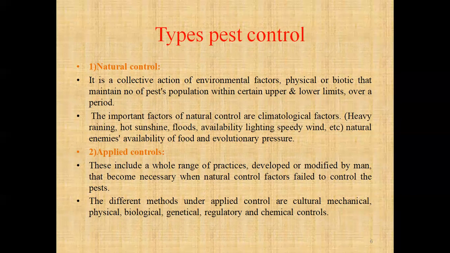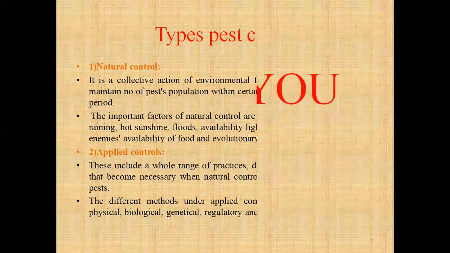Some factors provided by nature are also useful to control the pest. When natural controls fail, then we have to apply applied controls. These applied controls are developed by man. They include different methods: cultural, mechanical, physical, biological, genetical, regulatory, and chemical controls.